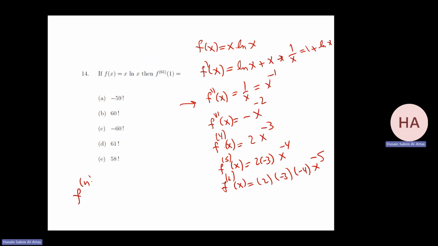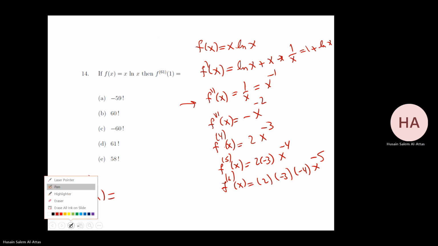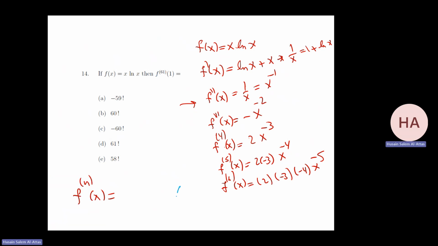So for the nth derivative, I have x to the power something in terms of n. Here I have something factorial, and I have minus 1 to the power something.